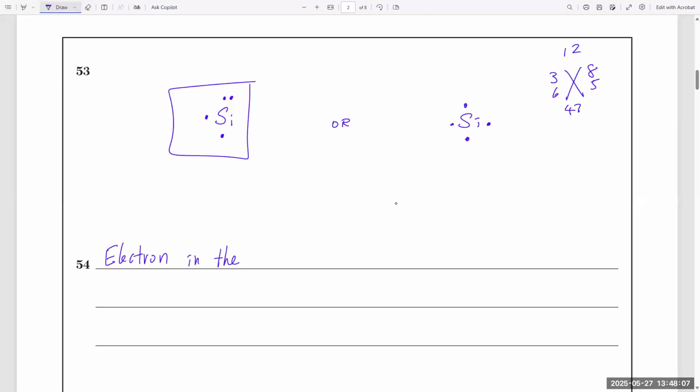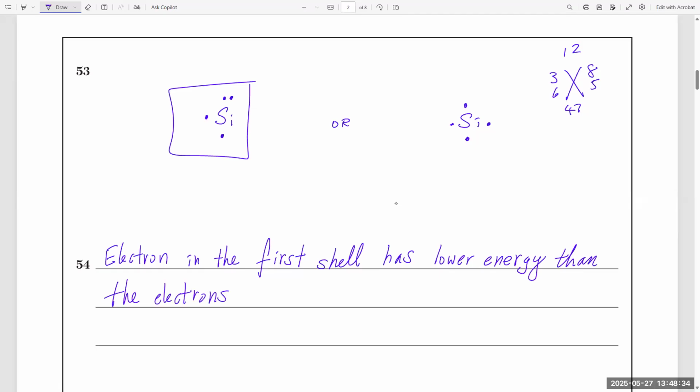So the first shell electron has, now remember, it's a lower orbital, so therefore it has lower energy than the electrons in the third shell of silicon. Okay.